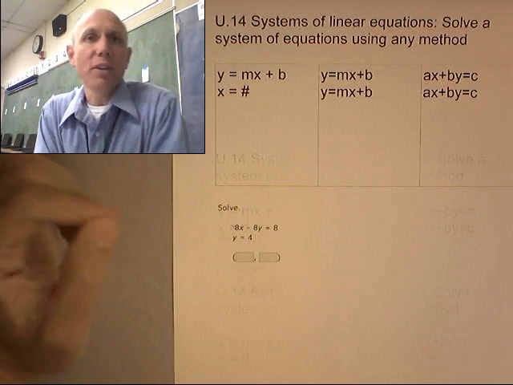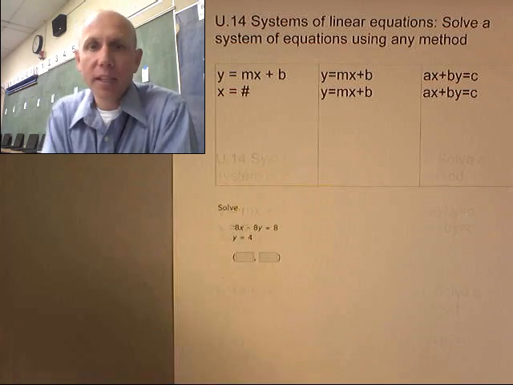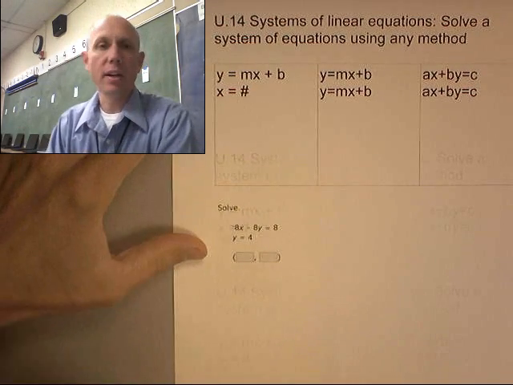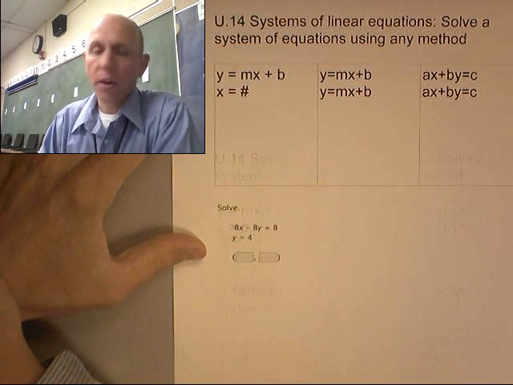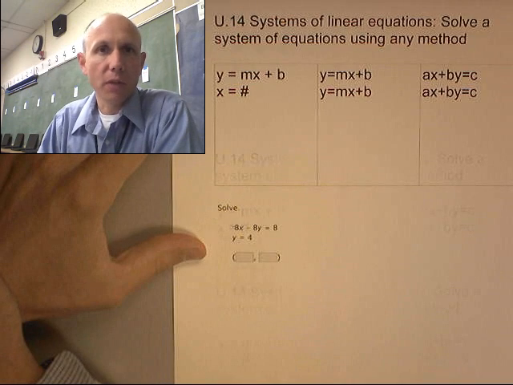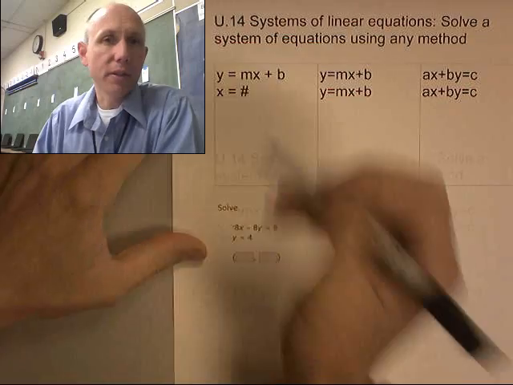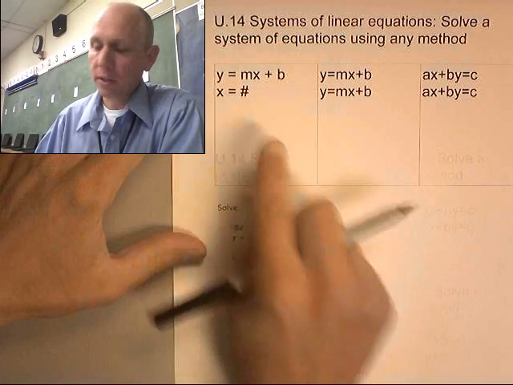Systems of equations. We've talked about systems for weeks now, and we're kind of putting it all together here. There are about 3 methods for solving systems of equations. Actually, you can graph it also, but 3 algebraic methods.